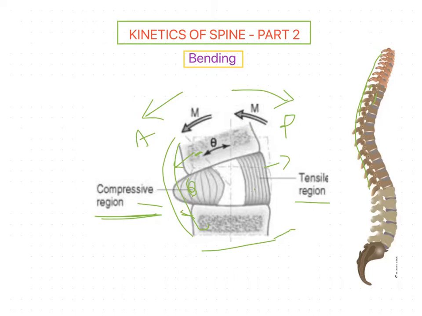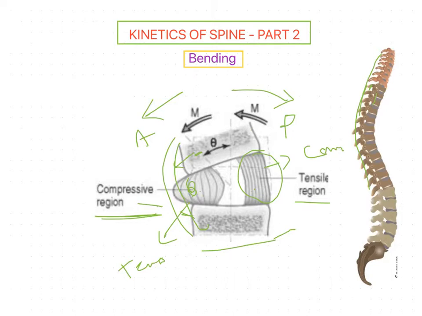What will happen? The posterior structures become the compressive region, and the anterior structures are going to stretch and become the tensile region during extension.